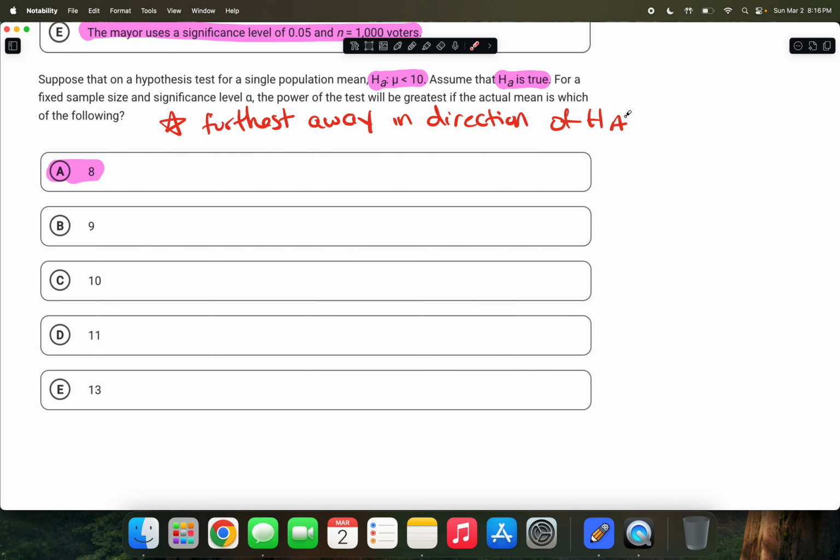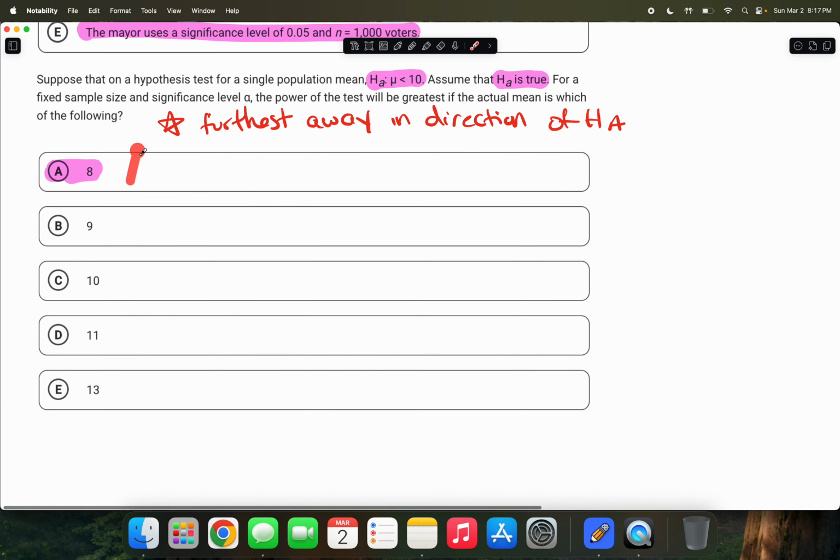So all I'm looking for is a mean that's the furthest away in the direction of the alternative. So in this particular case, what is the smallest number less than 10? And so that happens to be 8. And that's why this is my answer. It is the smallest number less than 10, highest power of the test.